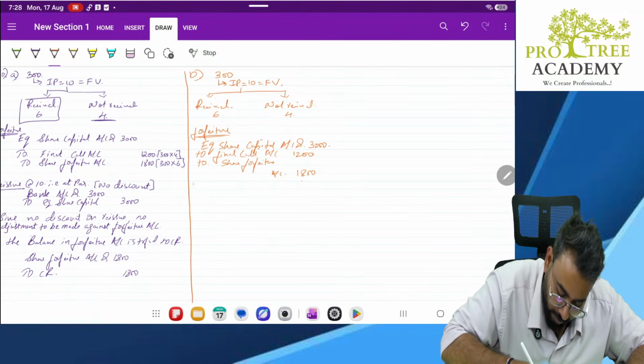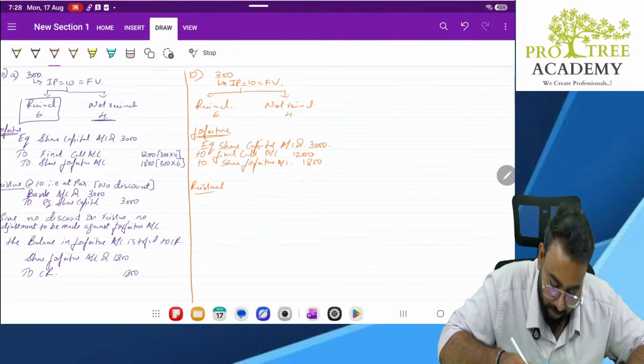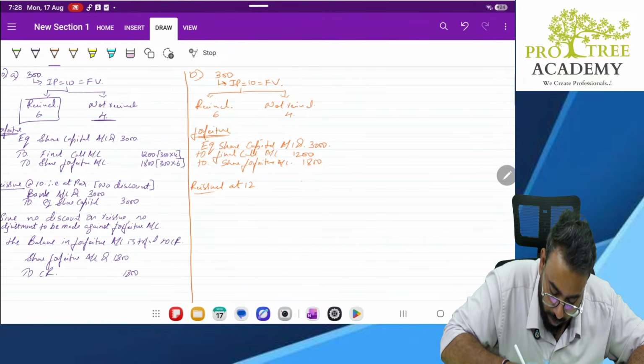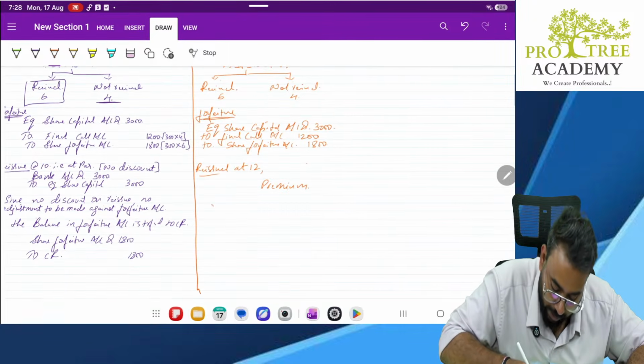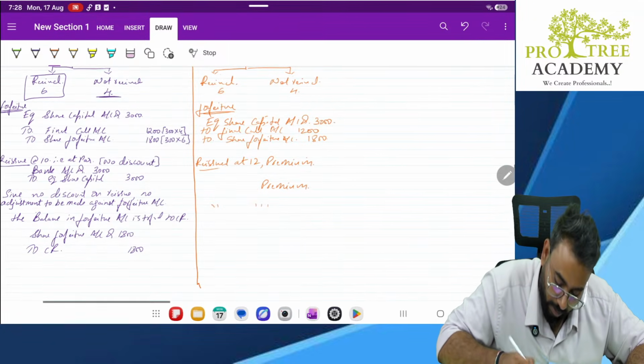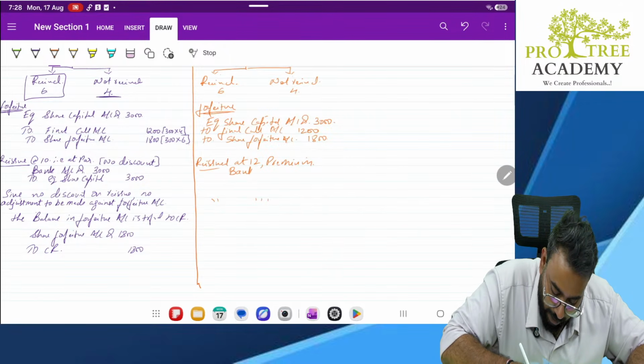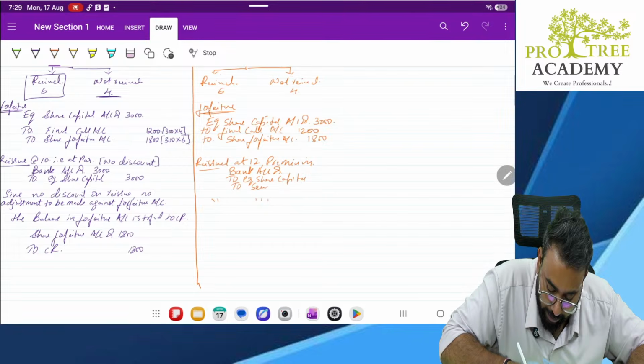Next. Reissued at premium. Reissued at 12. Same, no discount has to be adjusted. So what is the entry? Bank account debit to equity share capital, to security premium.